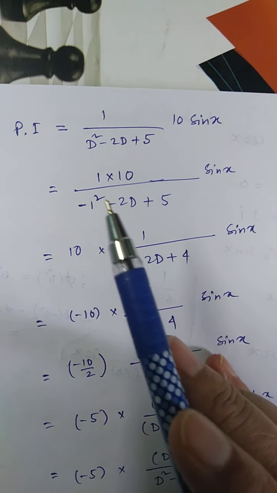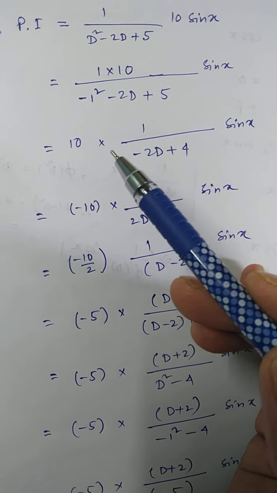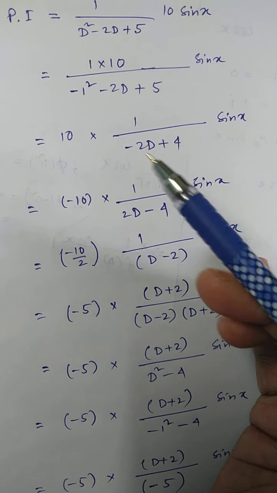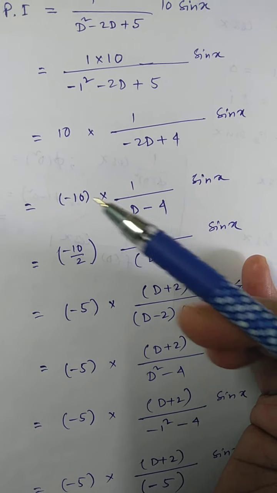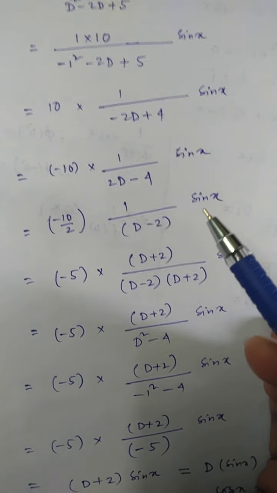So minus 1² - 2D + 5. After calculation, this is equal to 10 times 1/(-2D + 4). Let us simplify it by taking minus 2 common, so we get minus 10/2 times 1/(D - 2) sin x.